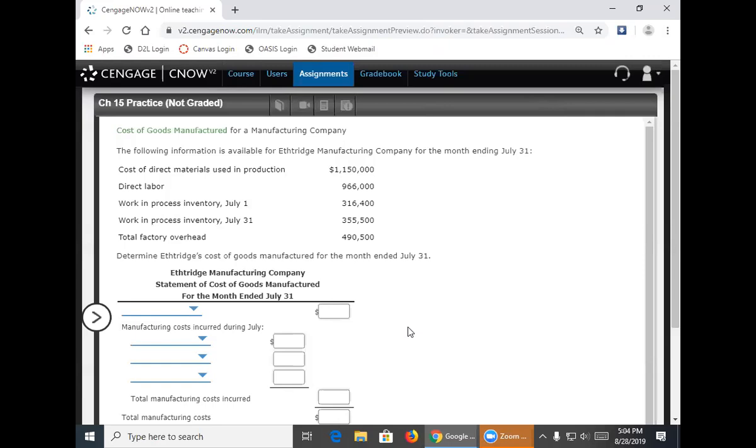And then if we know our ending balance, we subtract to get cost of goods manufactured. So once again, when you're doing a statement or a schedule of cost of goods manufactured, what you're really doing is balancing your work in process account. Okay? So to me, I like to do that within my work in process account. You can do it on the statement too. We'll kind of do it both ways, because we're putting it in statement form.